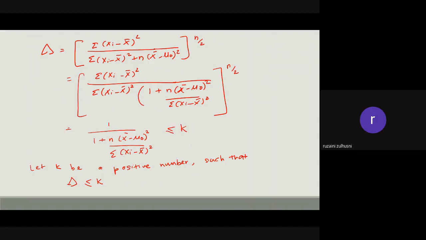So let k be a positive number such that the likelihood ratio test statistic is less than or equal to k. So what you already simplified is 1 over 1 plus n x bar minus mu naught square over summation xi minus x bar square is less than or equal to k. Okay, so I rewrite this one again.